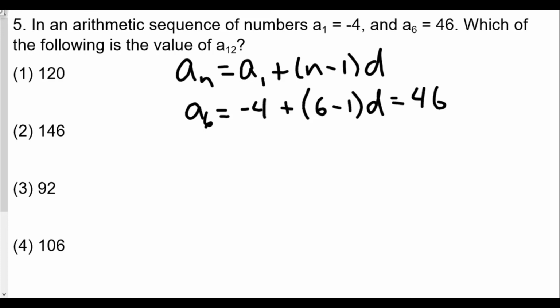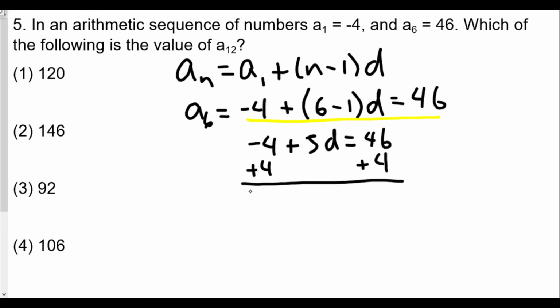So let's have this equation to solve for d. Now we have -4 plus 6 minus 1, which is 5d, and that's equal to 46. If we add 4 to both sides, we get 5 times the common difference is equal to 50, which means divide both sides by 5. Our common difference is 10.